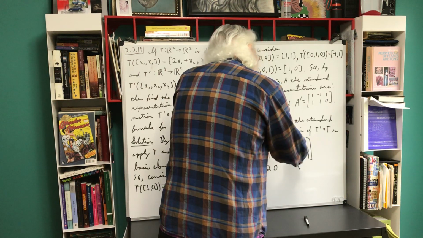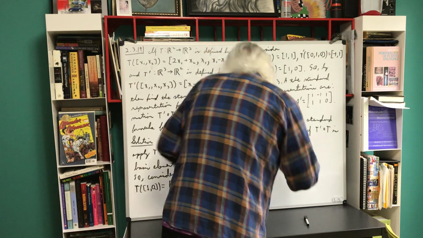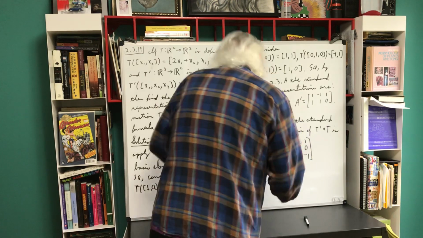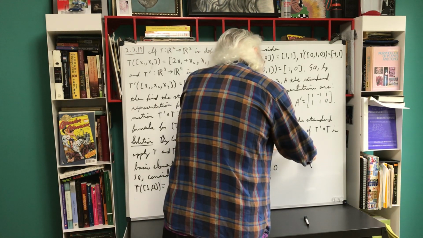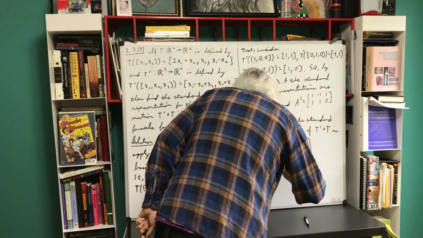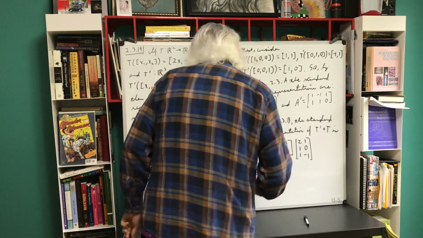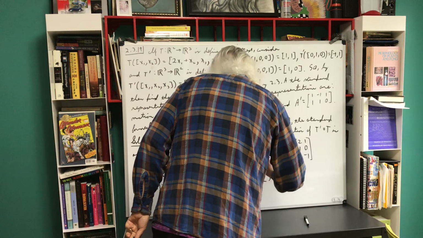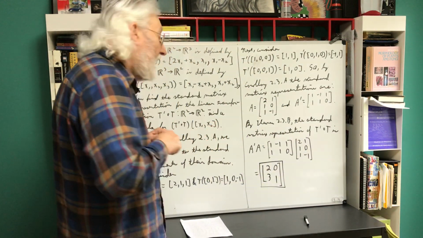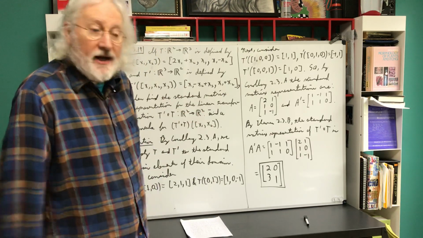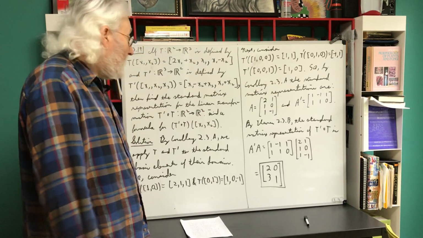Second row, first column, 2 plus 1 is 3. Second row, second column, 1 plus 0 plus 0, which is 1. There you go. There's a standard matrix representation for a composition. And it's indeed a 2 by 2 matrix, so at least we got that part right.